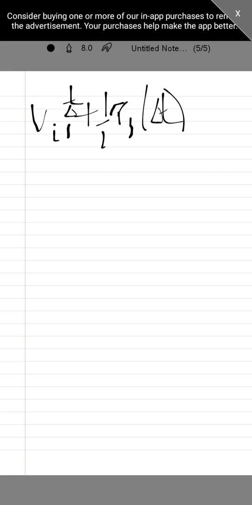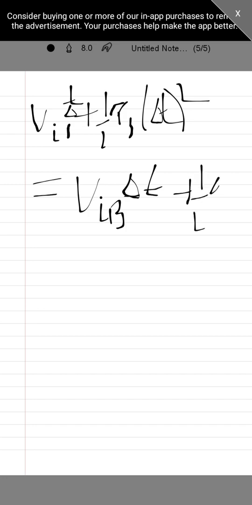So now we need to equate them. V_IS times change in time plus half A_S change in time squared is equal to V_IB times change in time plus half A_B change in time squared.